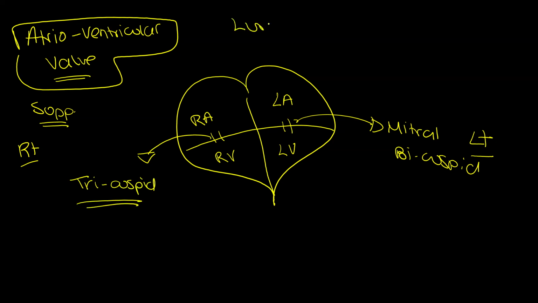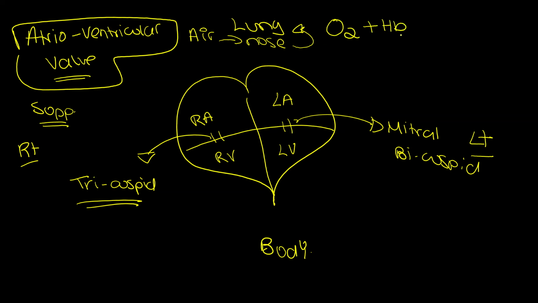The lung is situated above the heart and the body is situated below the heart. This is the journey. Air is going to enter through your nose or mouth and then will go directly to the lung. The lung will take the oxygen. It will give this oxygen to the hemoglobin in the red blood cells to give me a molecule known as oxyhemoglobin.